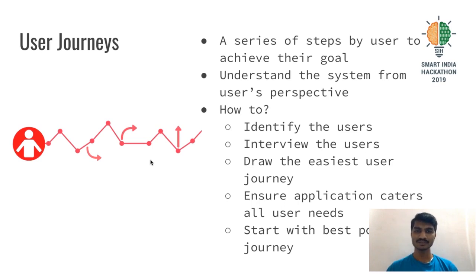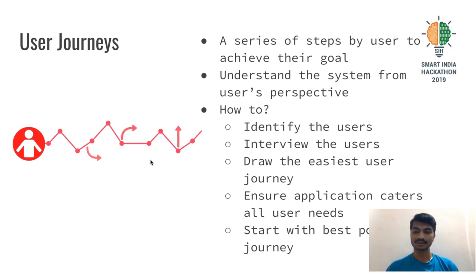Then to understand our system, there is another important thing, because all our systems are created for the users. So knowing the systems from the perspective of users is the most important thing before we create a system. And for that, user journeys are very helpful to understand the systems from the eyes of the users. A user journey is nothing but a series of steps which the user will take to achieve their goal.